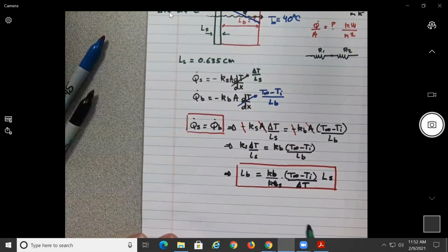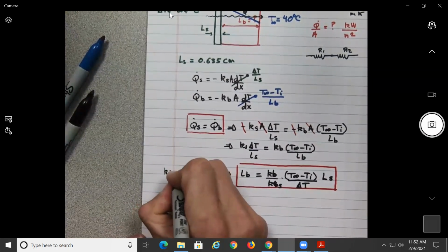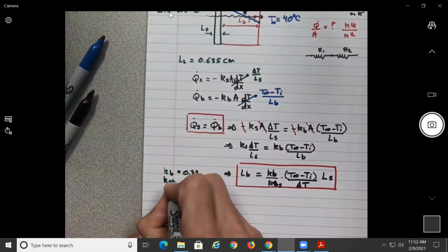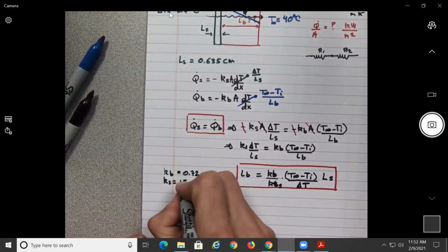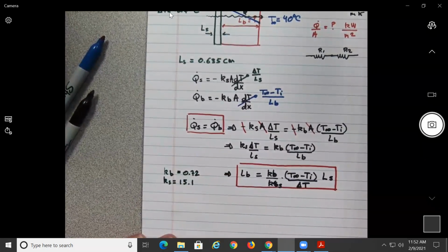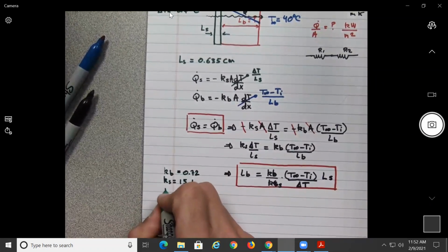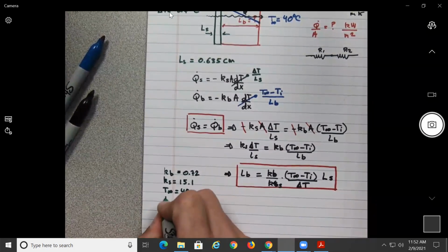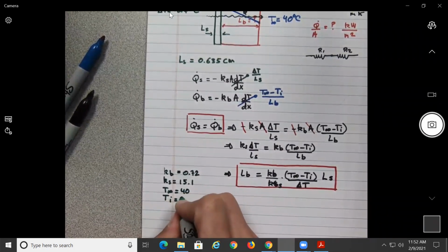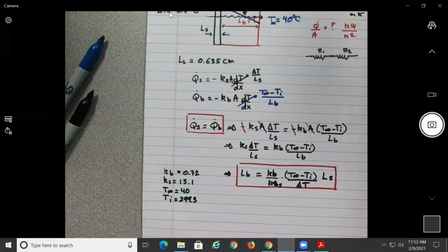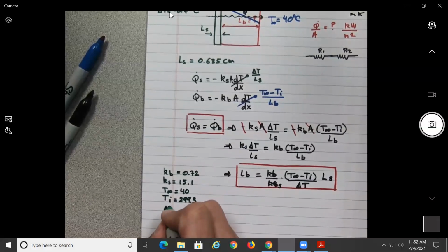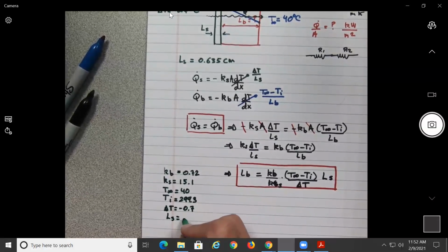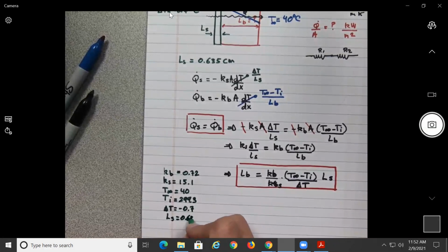In this problem, K sub B is given to us as 0.72. K sub S is equal to 15.1. T infinity is 40. T inside is 299.3. Delta T is negative 0.7, and L still is 0.635.